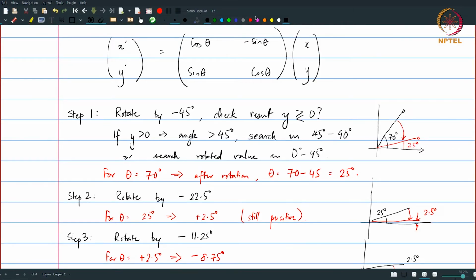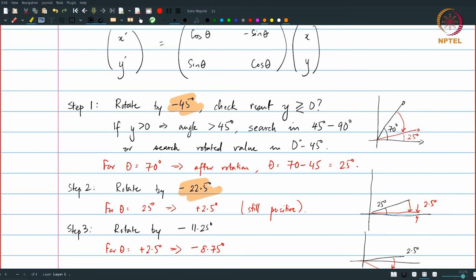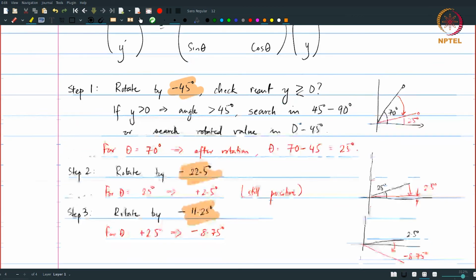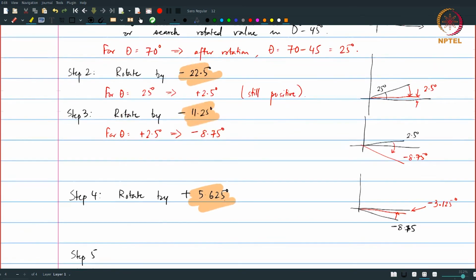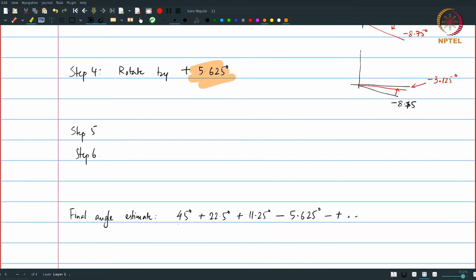I first rotated by minus 45, minus 22.5, minus 11.25, plus 5.625. That corresponds to adding up all of these and subtracting the ones where I had to add an angle.